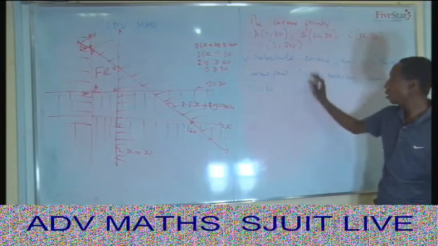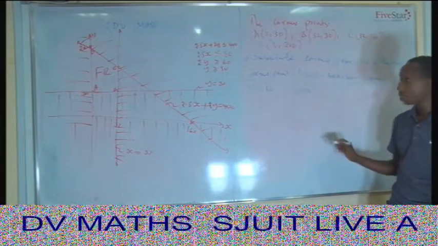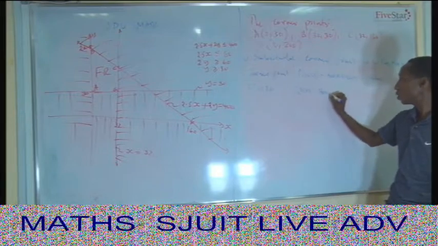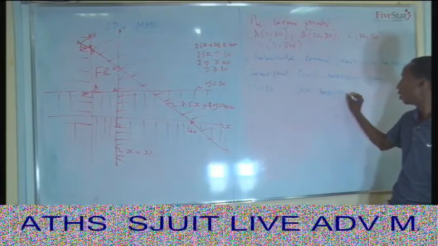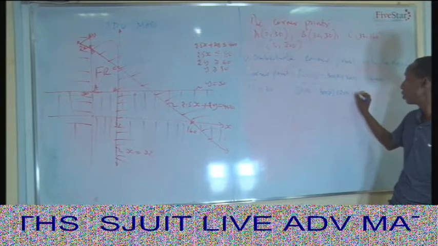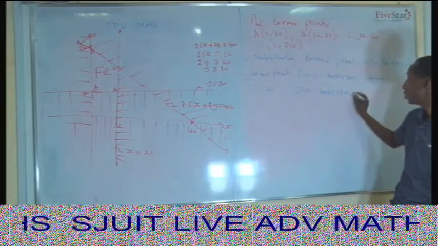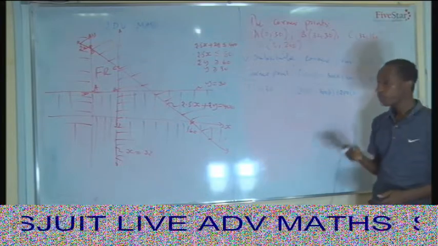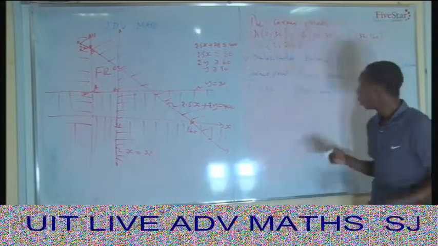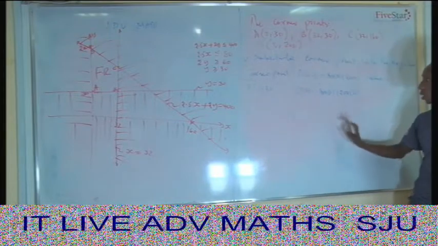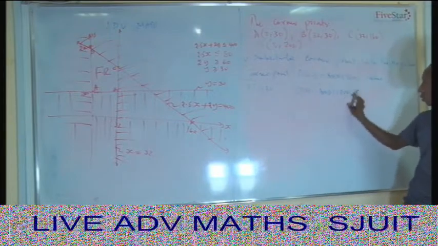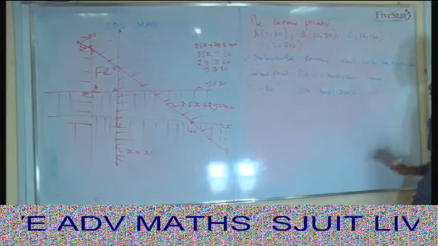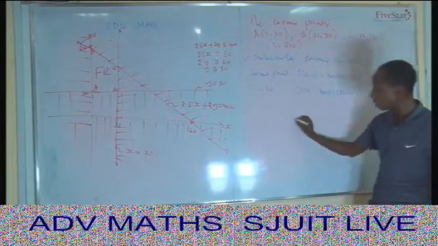Substituting this into the objective function, we get 300 times x, which is 0, plus 200 times y, which is 30. Multiplying here, 300 times 0 is 0, 200 times 30, 2 times 3 is 6, we have 3 zeros, so 6,000.